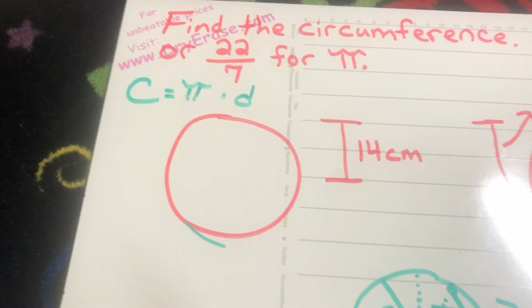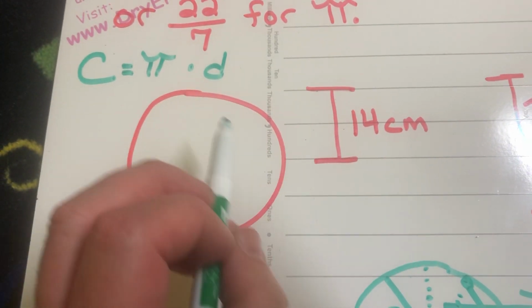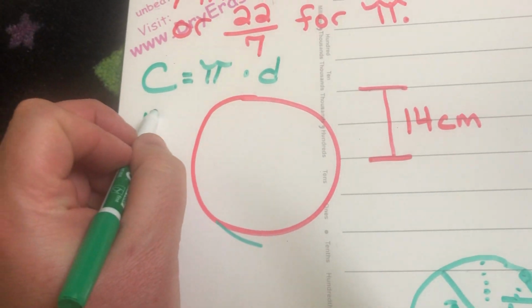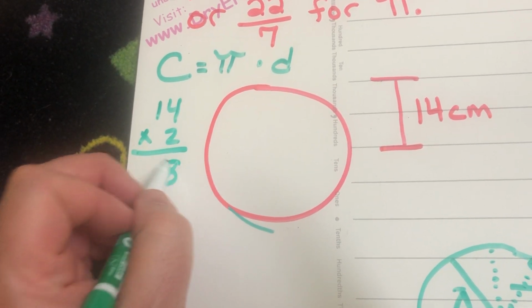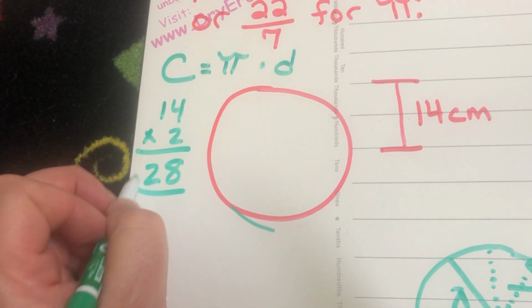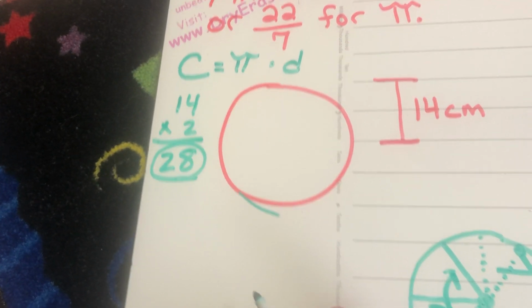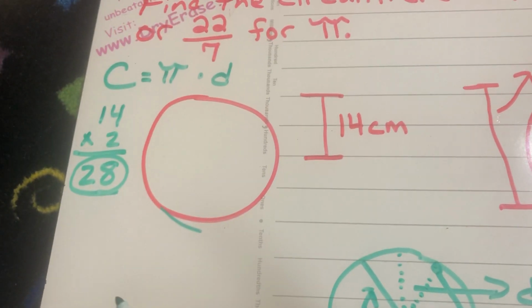So if my radius is 14, half the way across, to find the diameter, I'd have to do 14 times 2. 2 times 4 is 8. 2 times 1 is 2. I get 28. Okay? So far, so good. Now I know that my diameter is 28.